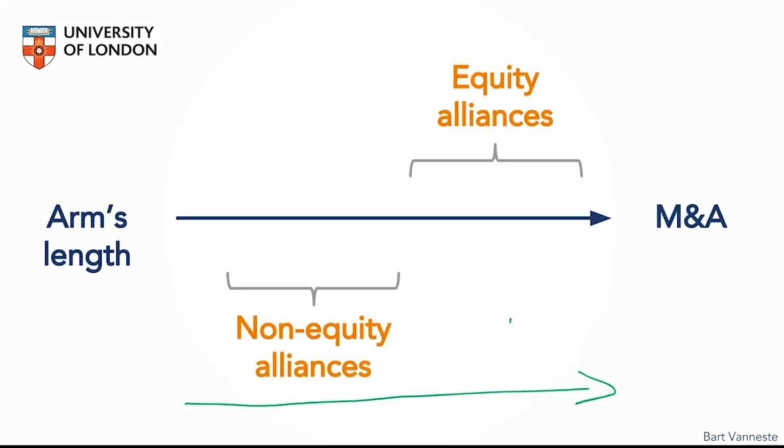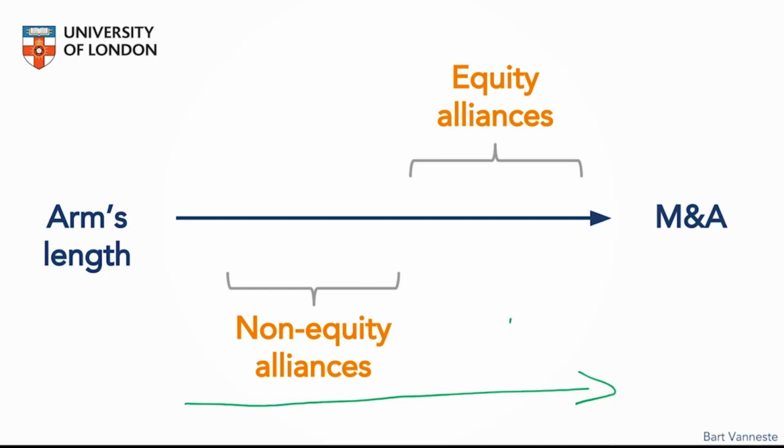Here's a continuum of relationship between firms. On the one hand, you have what is called an arm's length relationship, which entails very little interaction between two firms. On the other side of the spectrum, you have an M&A, which entails a lot of interaction between two firms. As we move from the left, arm's length, towards the right, M&A, two things happen.